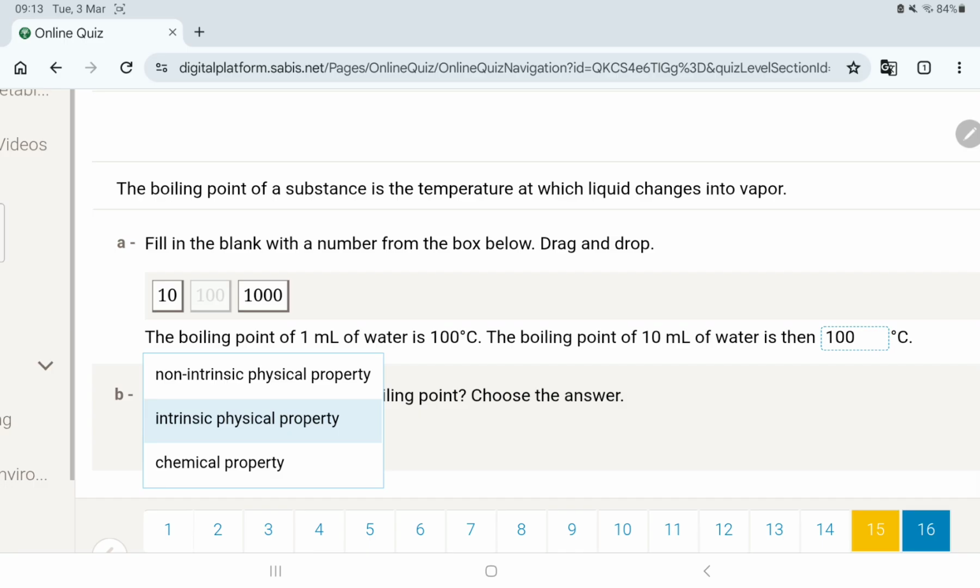Here I'm gonna do this. We have a difference. Here we have extrinsic. I'm gonna do this now actually, so that it doesn't confuse you. And intrinsic. They're different from physical and chemical.